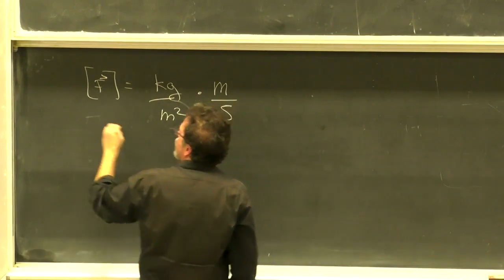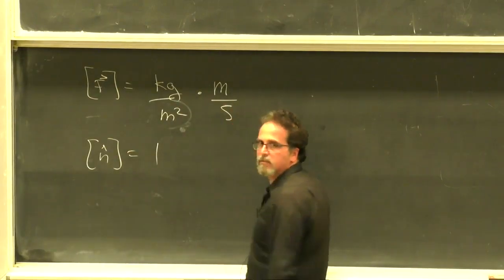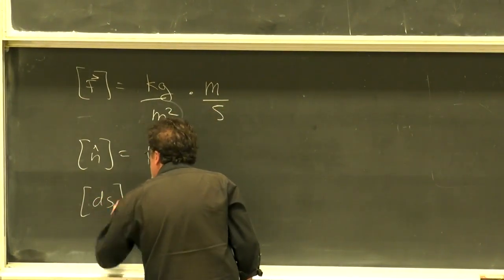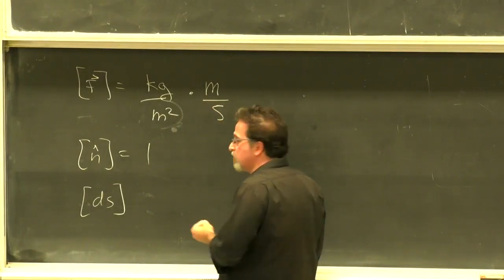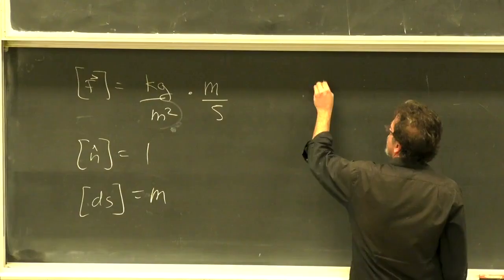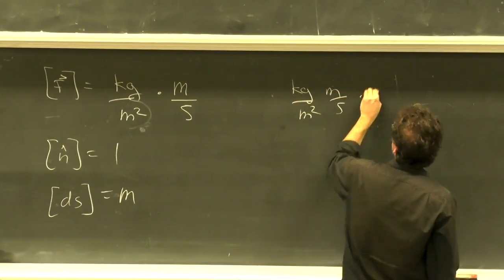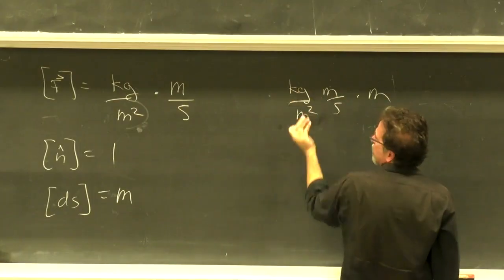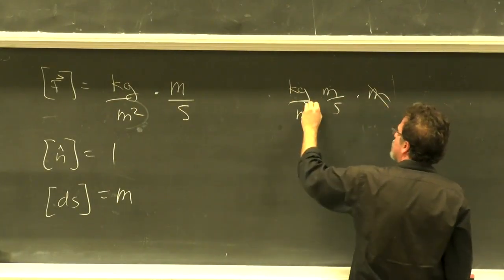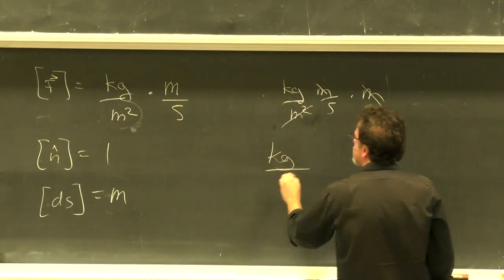The units of the normal vector are nothing, it's unitless. And the units of ds, well, it's a length integral, so that's in meters. So let's take the product: kilograms, meters per second per meter squared, times meters. This is from F, the n hat has nothing, and this is from the ds. I cancel meters with the meters squared, and you have kilograms per second.